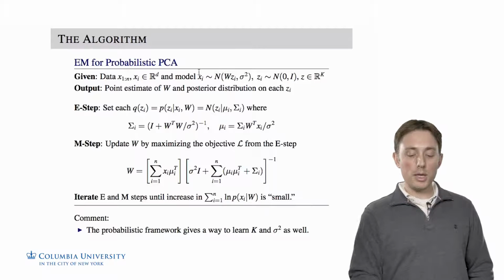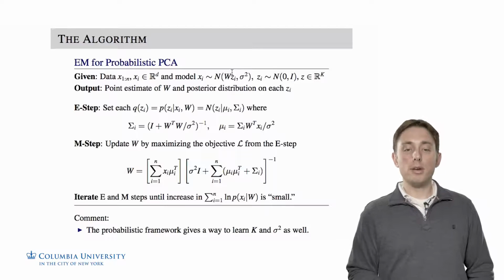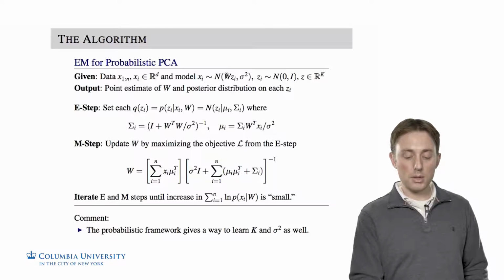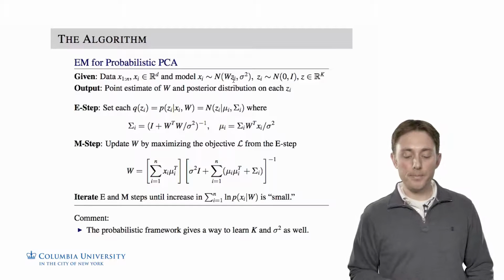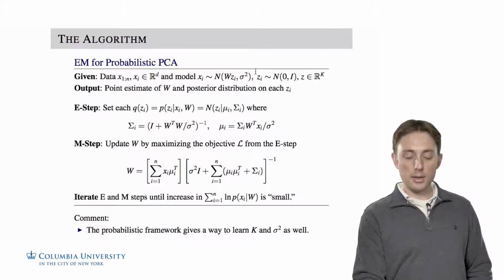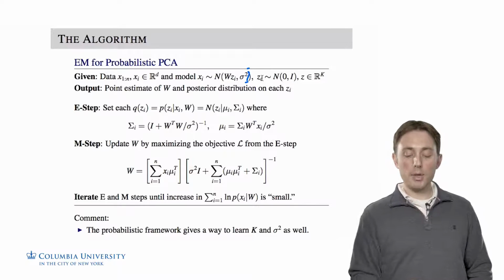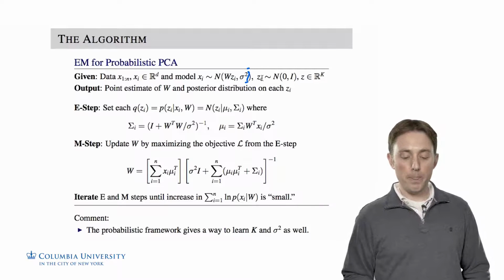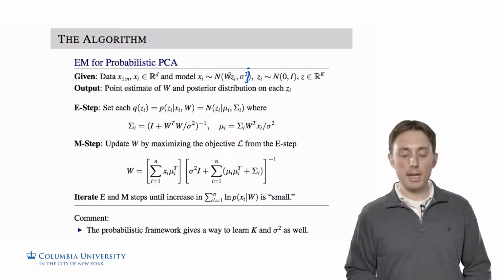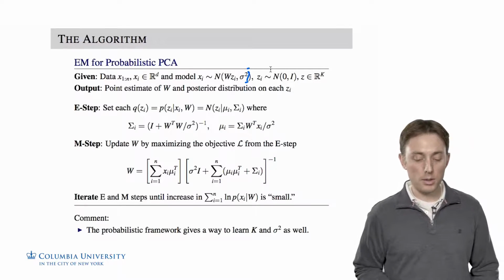And we're going to model each of these data points as being a multivariate Gaussian with mean equal to the matrix W times Zi and covariance sigma squared I. And each of these vectors Zi, which is a k-dimensional vector, is standard Gaussian. So W is D by K, and Z is a k-dimensional Gaussian.